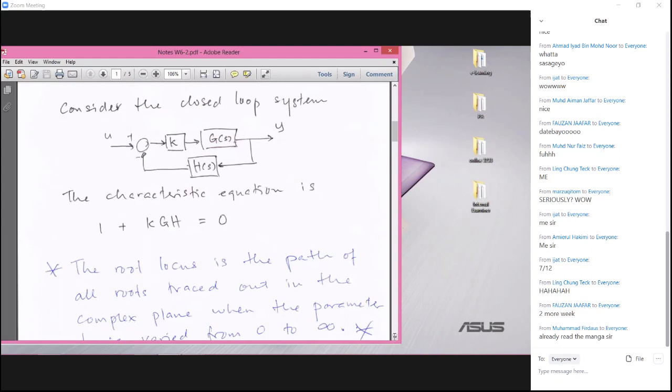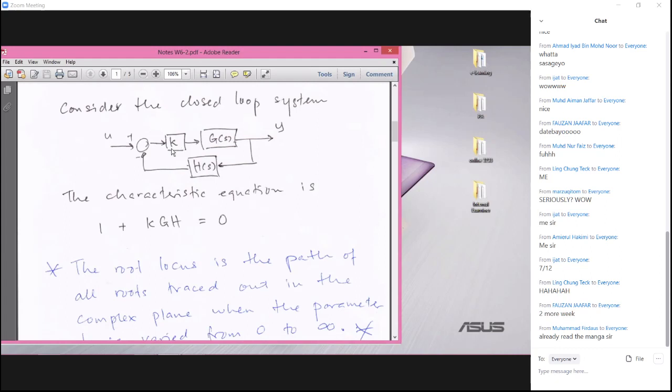So let us consider this closed loop block diagram. Here G is the system that we want to control. H is the feedback gain or feedback transfer function, and K is the proportional controller gain.